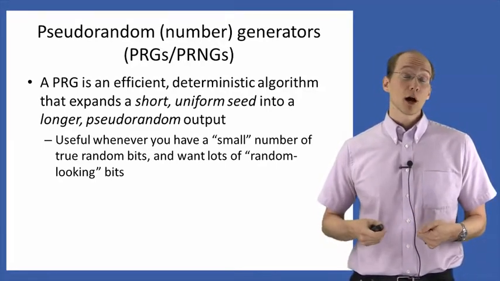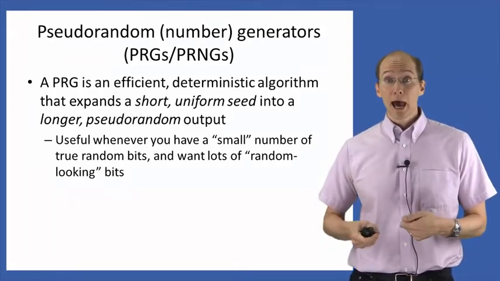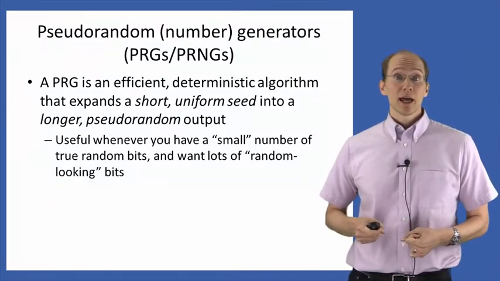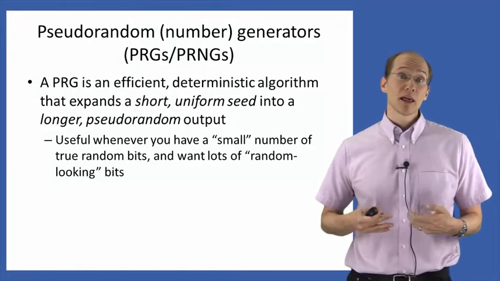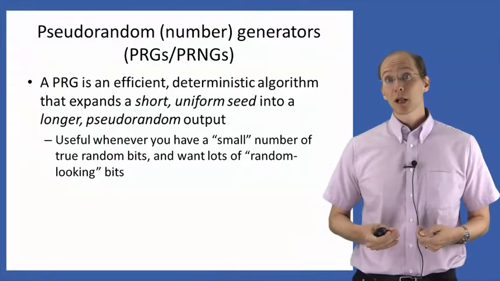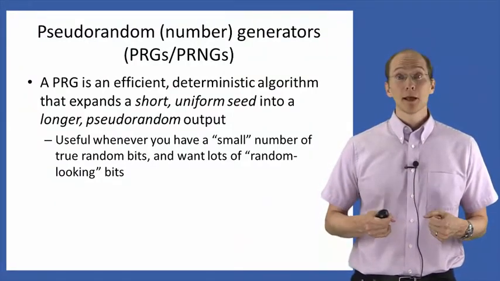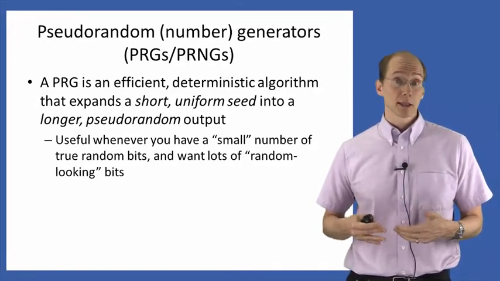And if we then run our algorithm that requires those 10,000 random bits, using as its random bits the output of the pseudorandom generator, then the output of that algorithm will be as good as if we had run it on 10,000 uniform and independent bits. So pseudorandom generators are very useful when you have a small amount of true randomness and you want to extend it into a larger amount of something which is as good as random.